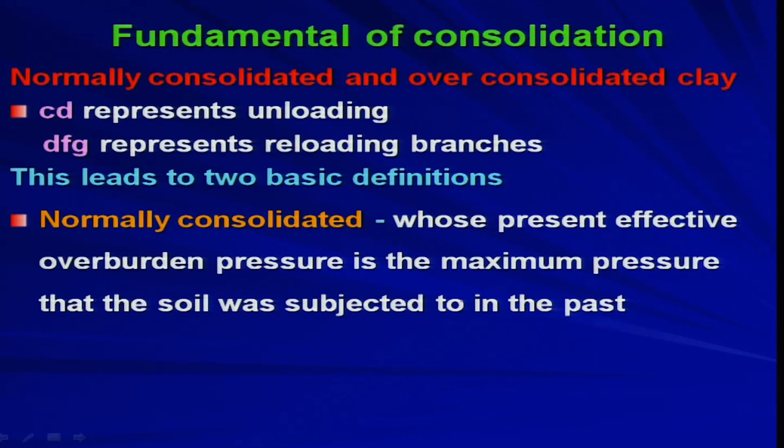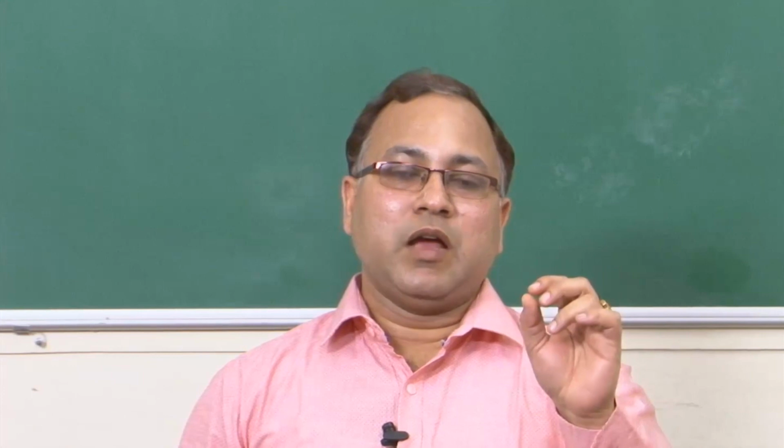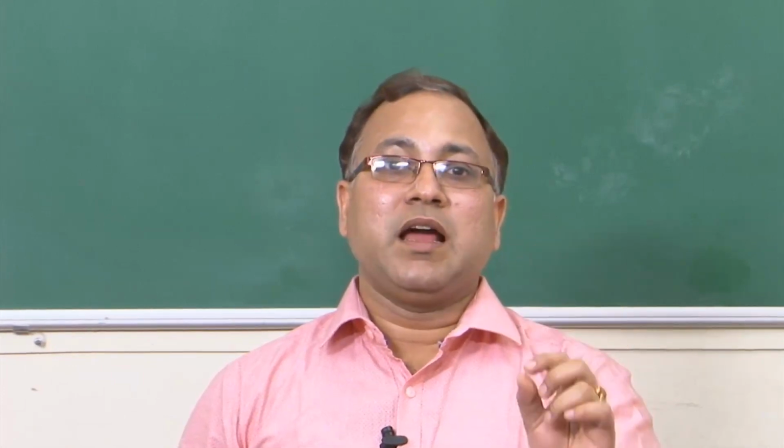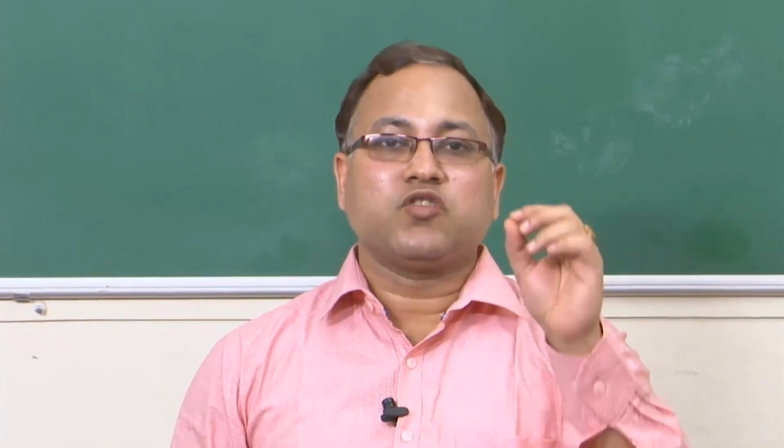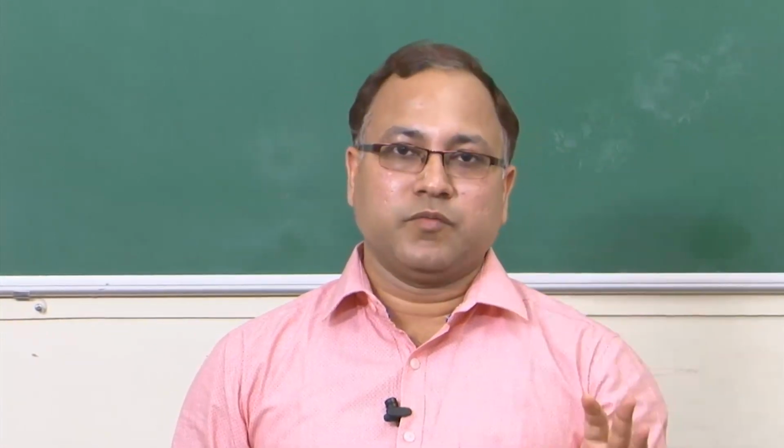First one is normally consolidated, whose present effective overburden pressure is the maximum pressure that the soil was subjected to in the past. So, when I say my soil is normally consolidated, that means the pressure I am applying is the maximum pressure the soil has experienced in the past also.